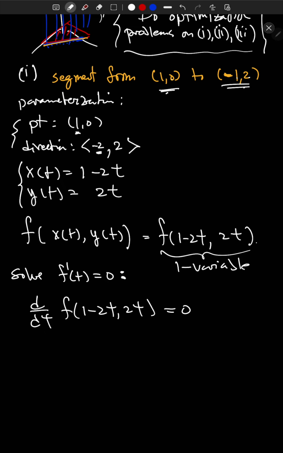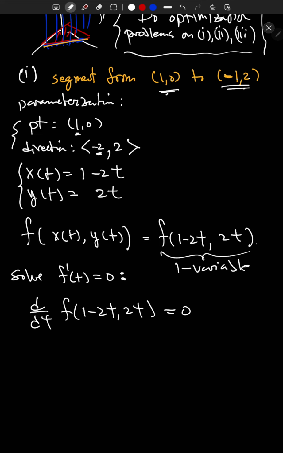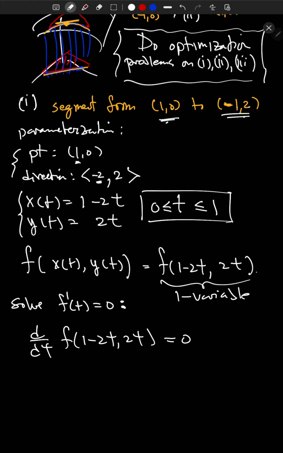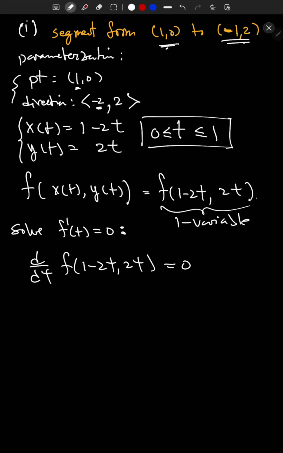By the way, I should mention that with this parameterization, t is between 0 and 1. You always need to know the interval of interest, because we need to toss out any candidates we find that are outside the interval. But also, number 2, we need to consider the endpoints.